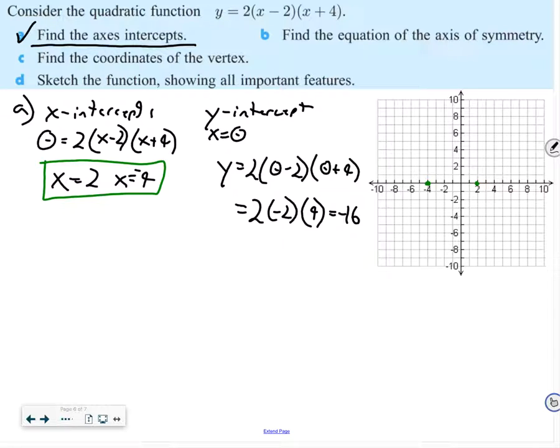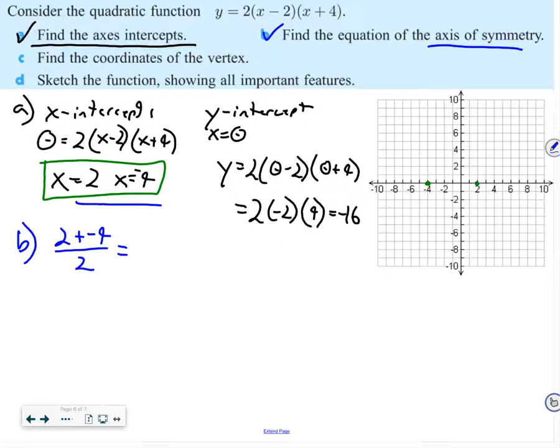B, I want to find the equation of my axis of symmetry. I know my x-intercepts are here, and my axis of symmetry lies right in the middle. So what's in the middle between 2 and negative 4? That's my midpoint. So 2 plus negative 4 divided by 2.